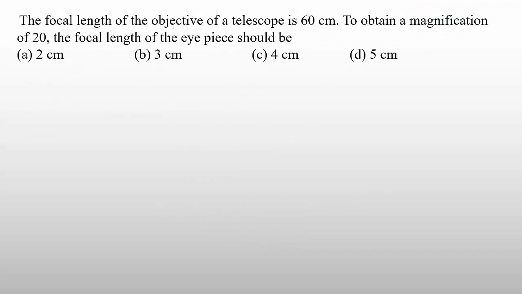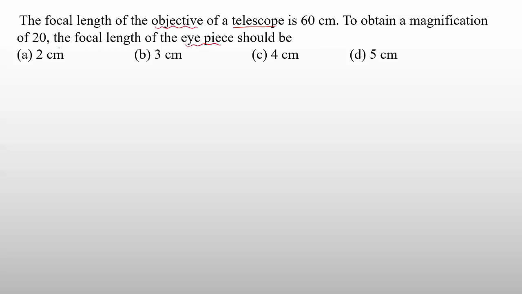The focal length of the objective of a telescope is 60 centimeter. To obtain a magnification of 20, the focal length of the eyepiece should be. See here, this is a telescope. We already know that a telescope has two lenses, that is the objective lens and the eyepiece, right? So in this problem, the focal length of the objective lens is given.